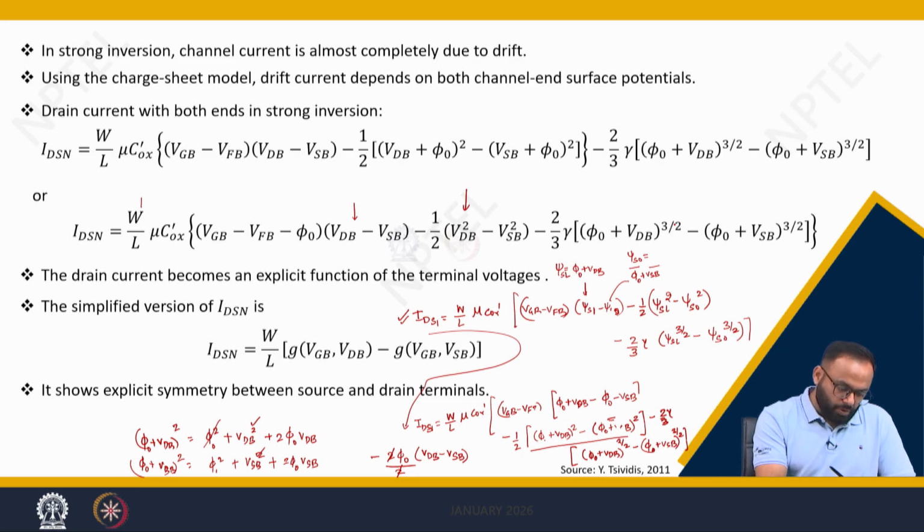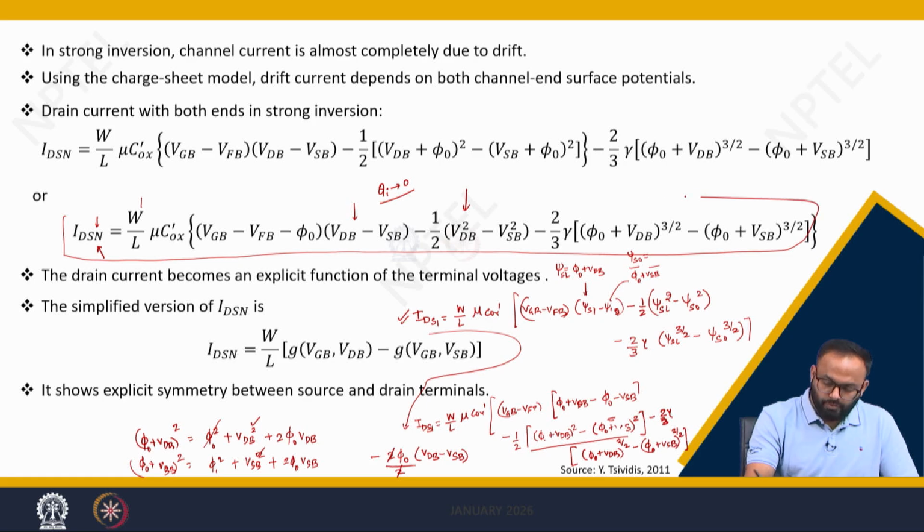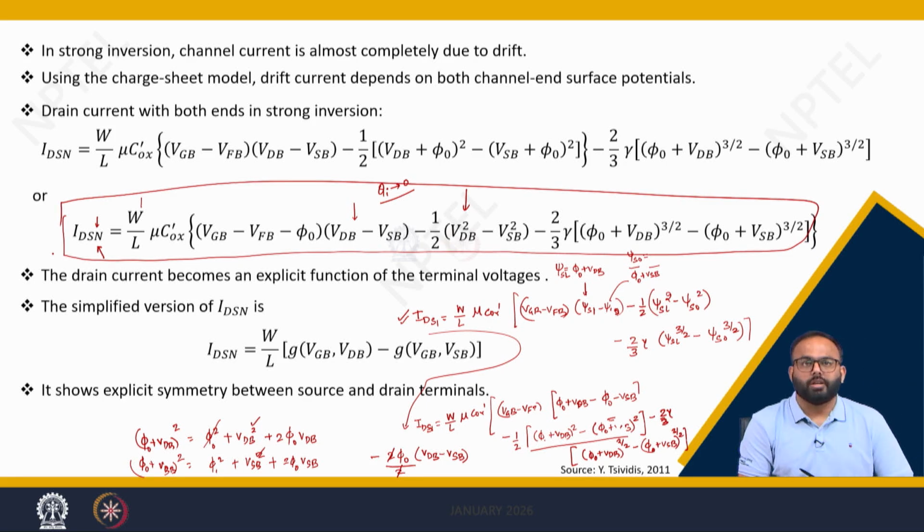Now this current equation we are defining with a new subscript N. Here N stands for non-saturation. It means this is a drift current flowing in non-saturation, meaning VDB is increased over VSB, but not to that high value at which the inversion charge goes to 0 near the drain end. So this is the non-saturation current equation when the MOSFET operates in strong inversion.